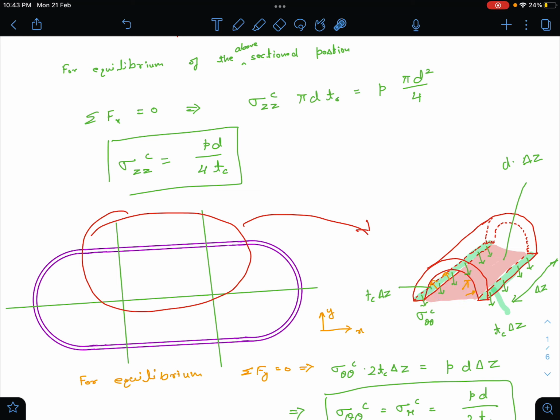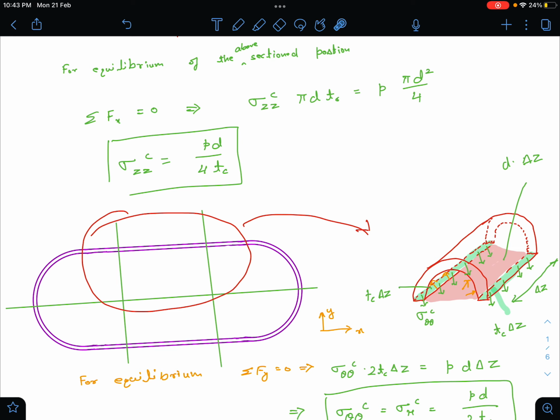The effect of this pressure can be taken as P times the projected area, and this projected area is nothing but diameter times delta Z.